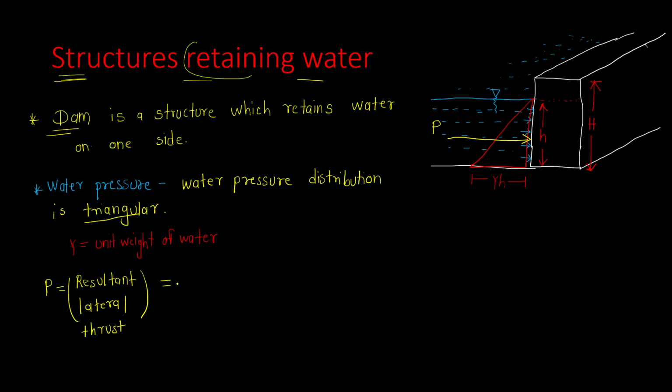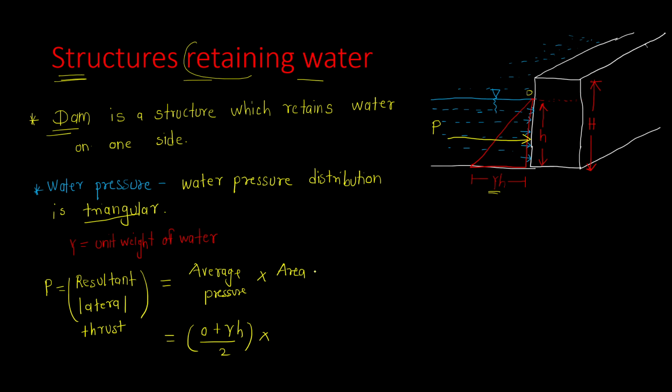Now the formula for P is the same, that is pressure into area. But as we can see, the pressure variation here is from 0 to gamma h, so it is linearly increasing. So here we will take the average pressure. So P is equal to average pressure multiplied by area. The average pressure is 0 plus gamma h divided by 2, multiplied by the cross sectional area.